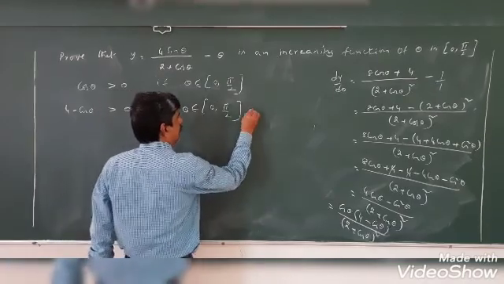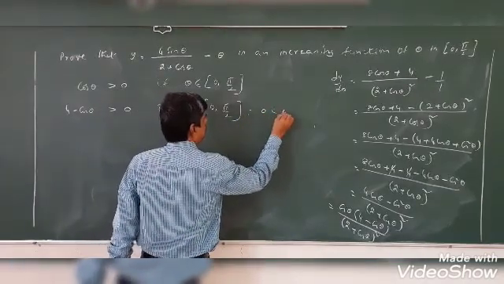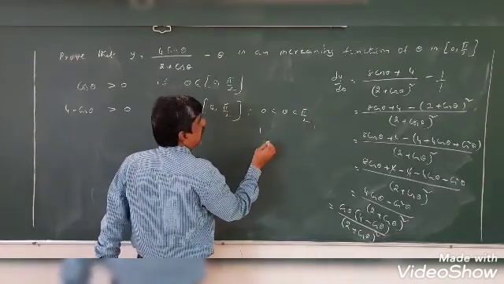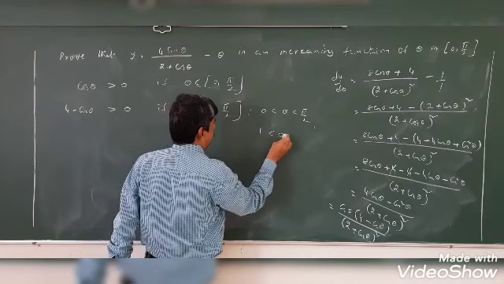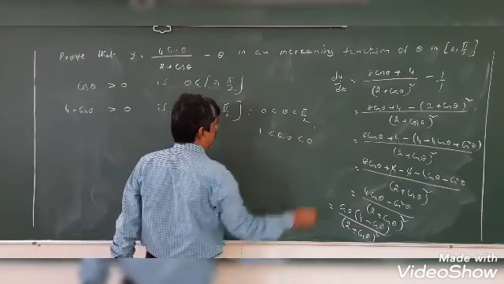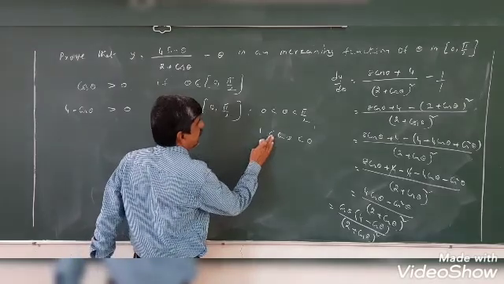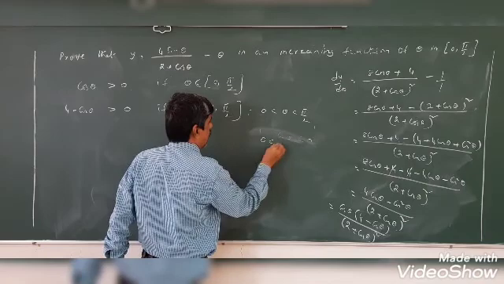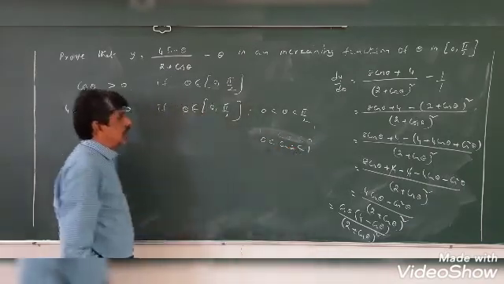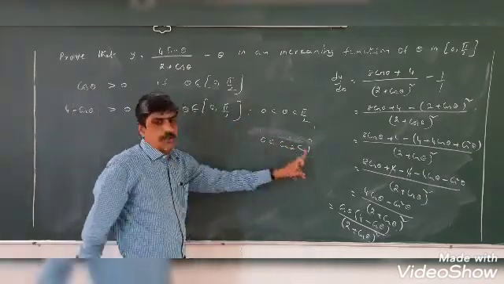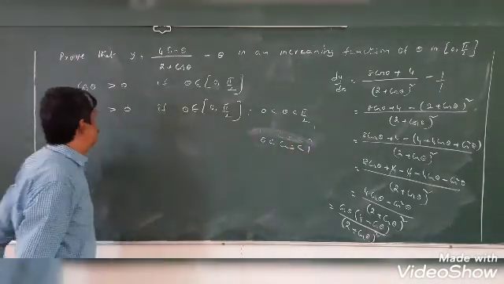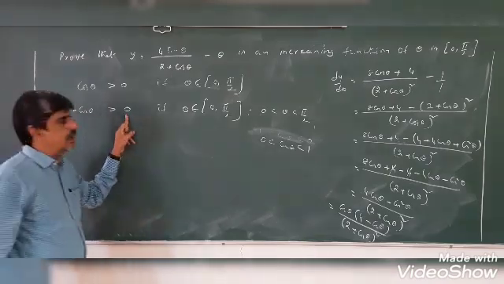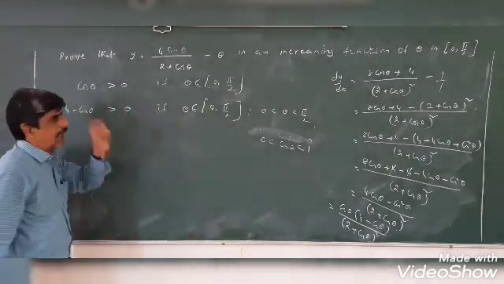If theta is between 0 and pi by 2, then cos theta is between 0 and 1. So 0 less than cos theta less than 1. So cos theta values are in between 0 and 1, and 4 minus cos theta value is positive.